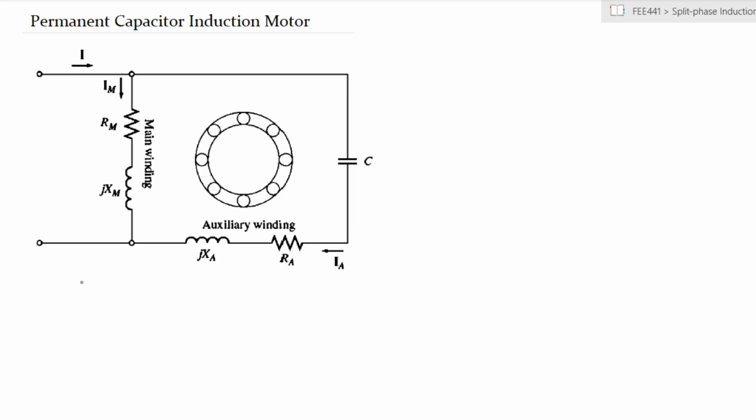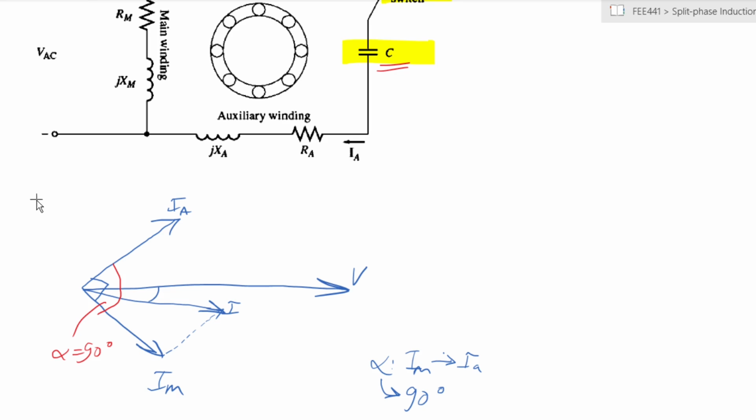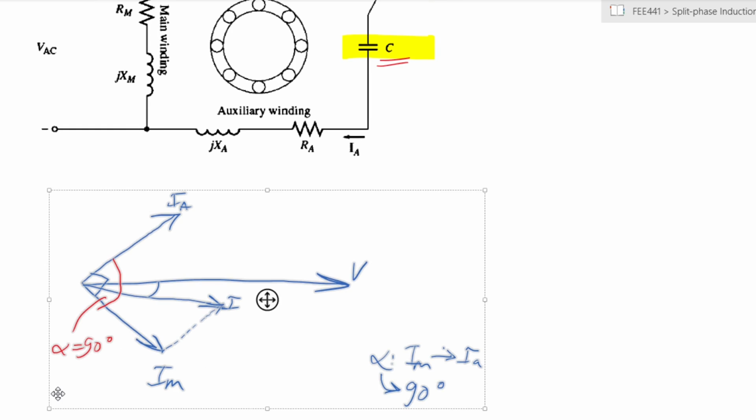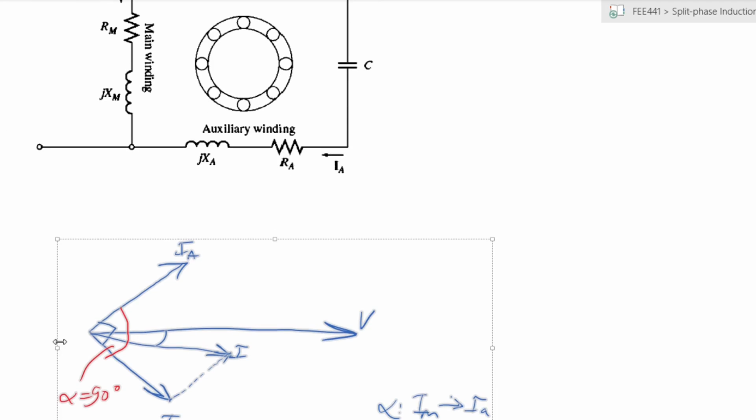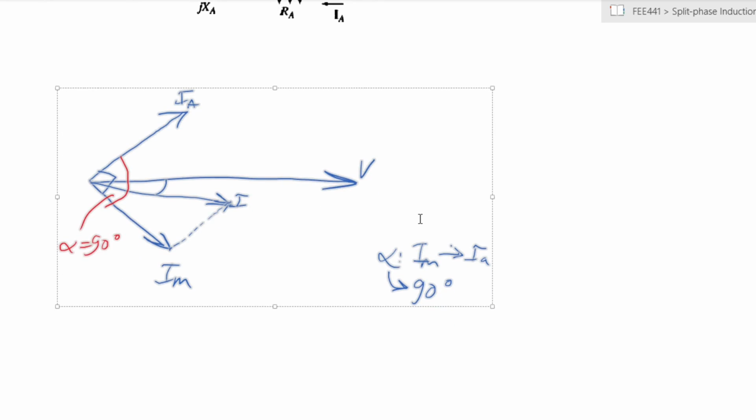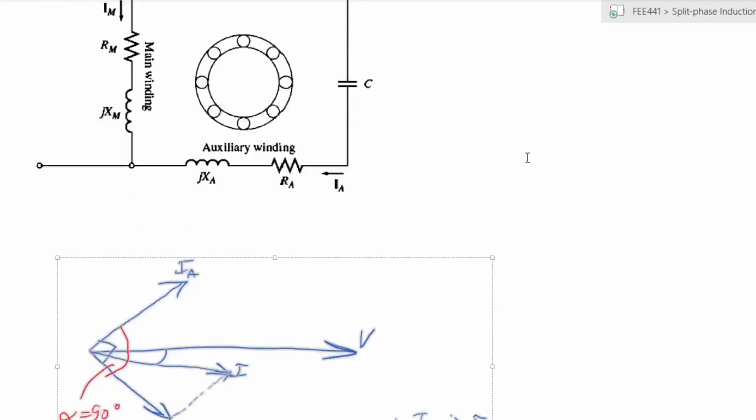Yeah, so in that case you will have a similar phasor diagram to what we had in terms of having the capacitor inside the circuit. If we go back to that, you'll have a similar phasor diagram to the other capacitor start and induction run motor, and we'll be able to see that that is also the characteristics of the permanent capacitor induction motor.